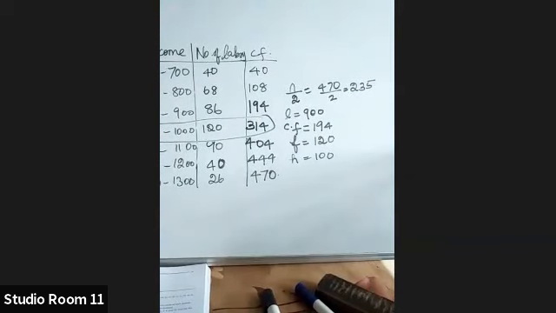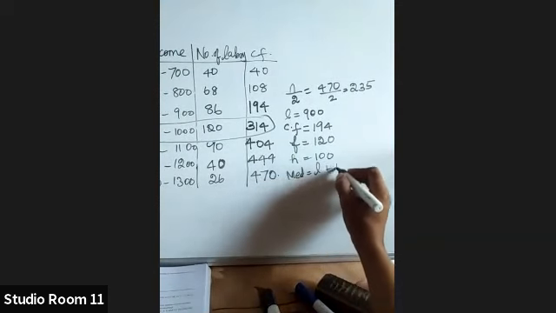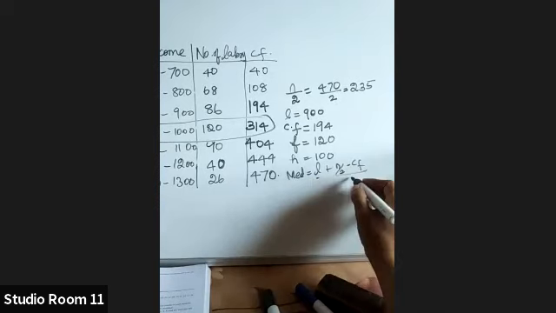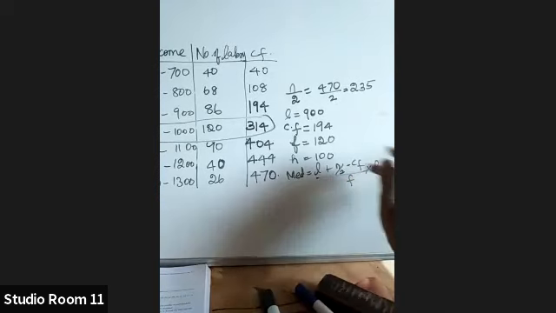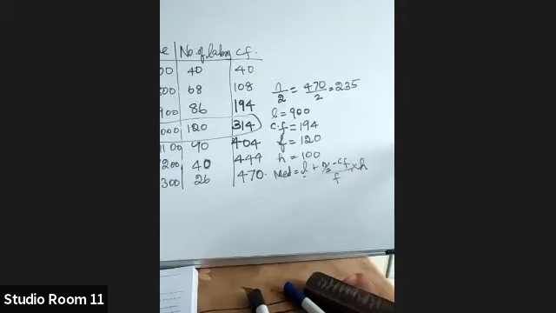Now apply the formula. The formula for median is L plus n by 2 minus CF by F, into H. So we have all the values; substitute them and find the median.